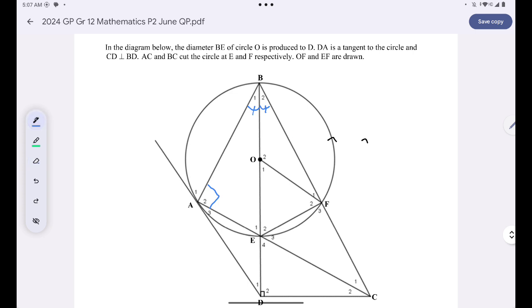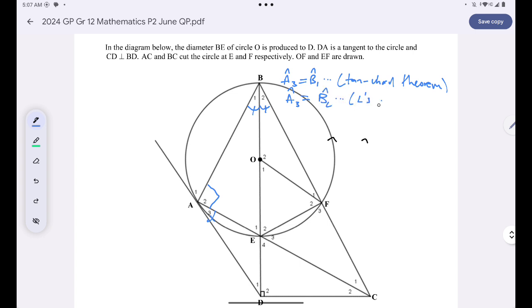Angle A3, this angle here, is equal to angle B1 because of the tan chord theorem. Are you together? And angle A3 is also equal to angle B2.